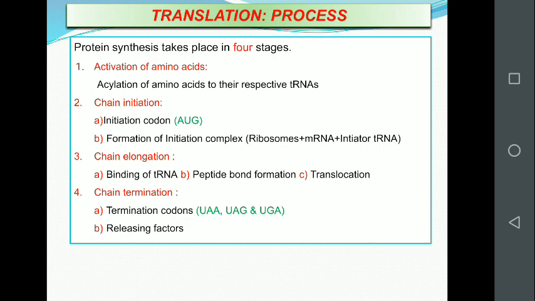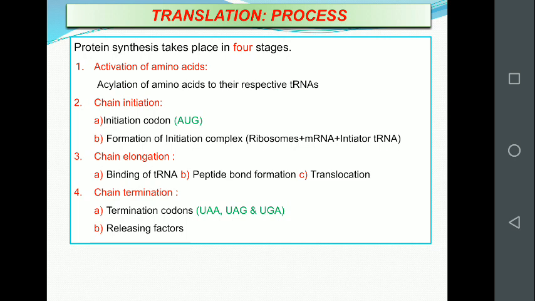There are a lot of similarities between prokaryotic and eukaryotic translation, but also some differences. In our syllabus we have only translation pertaining to prokaryotes. So in the prokaryotic translation process we have 4 stages.